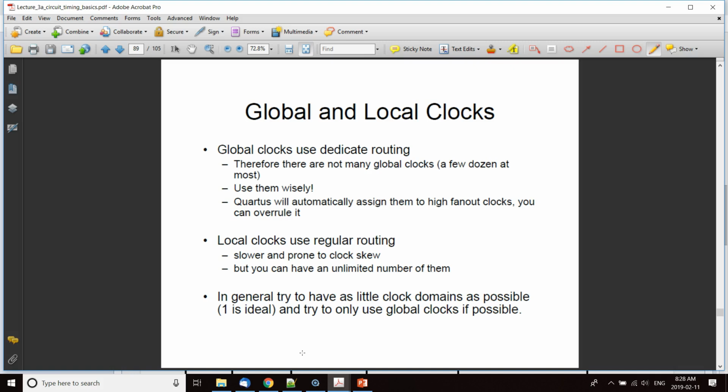Now, the tools these days assign the global clocks automatically, usually by default. So they will basically make the decision for you. I mean, they don't really assign global clocks and local clocks. They just assign the global clocks. Everything that is not assigned a global routing network becomes a local clock.